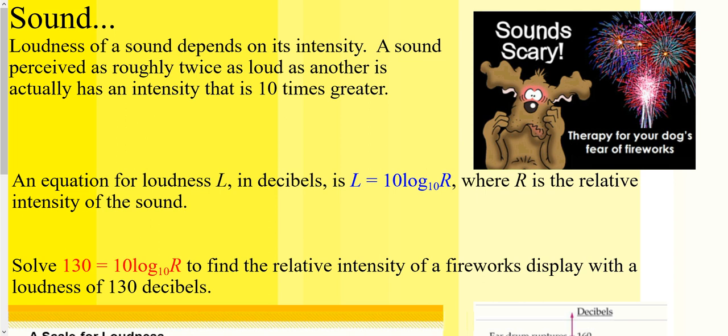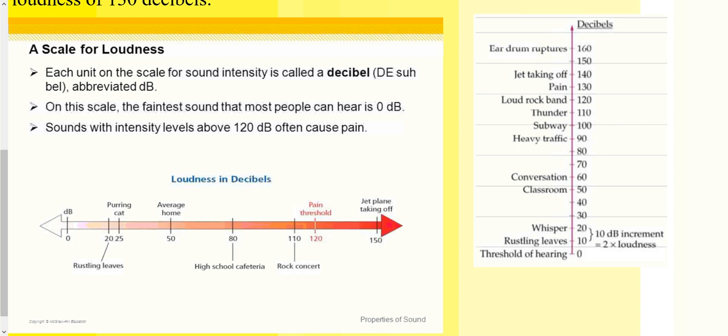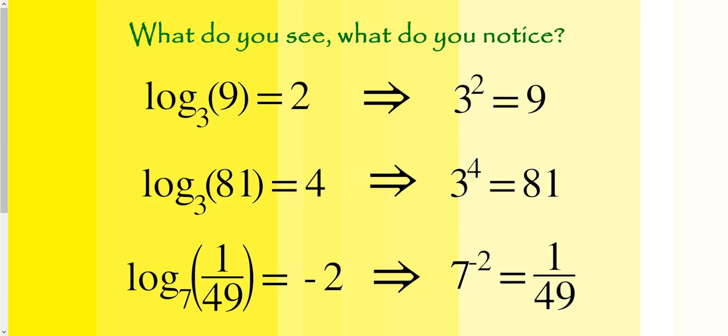So a sound that's, say, a 7 and you go to 8, that's really going up by 1, but it's 10 times louder when we're dealing with decibels. Also, the Richter scale for earthquakes is a logarithmic scale. Acidity, or how basic or acidic something is in chemistry, is also a logarithmic scale. So there is a lot of application to different situations dealing with logarithms.